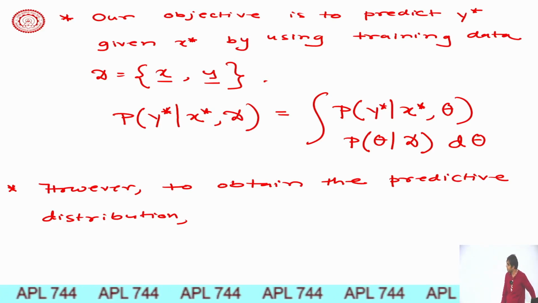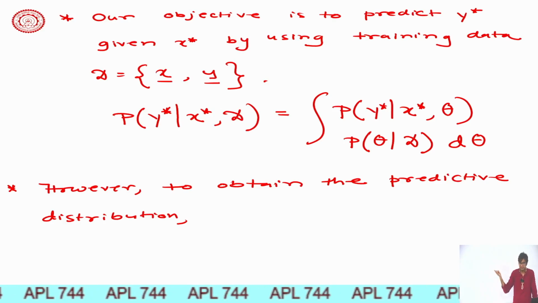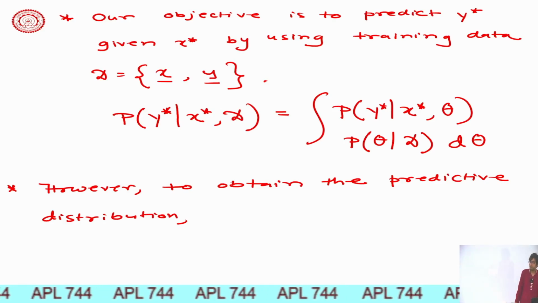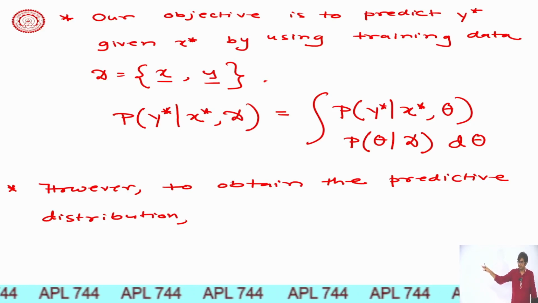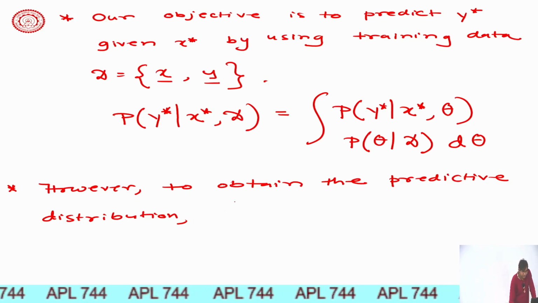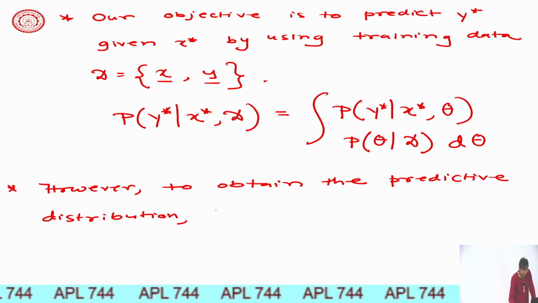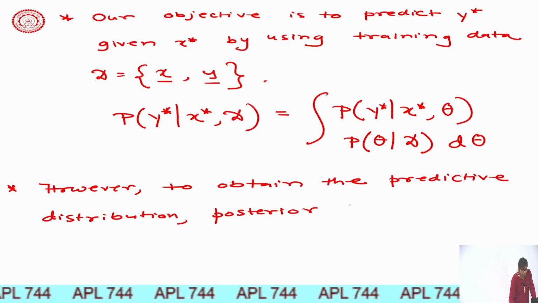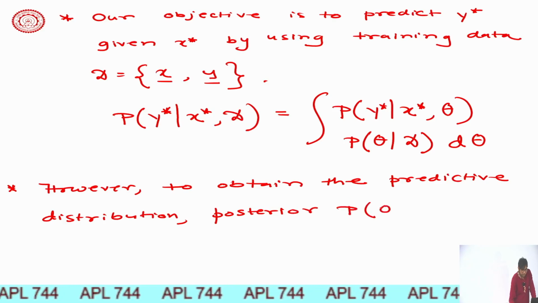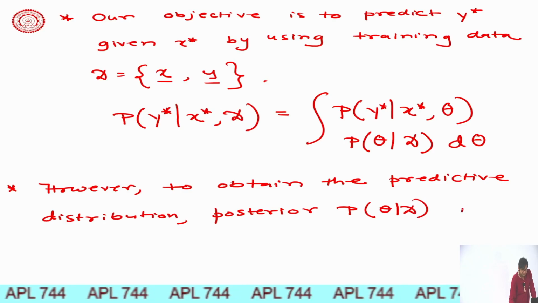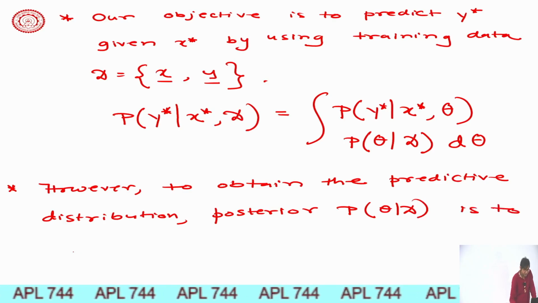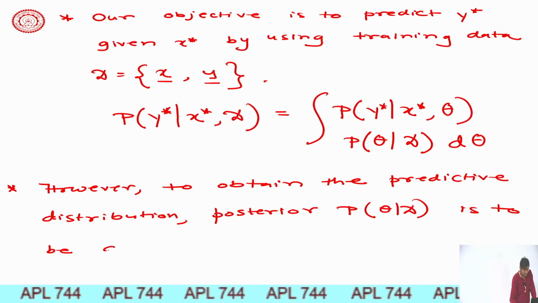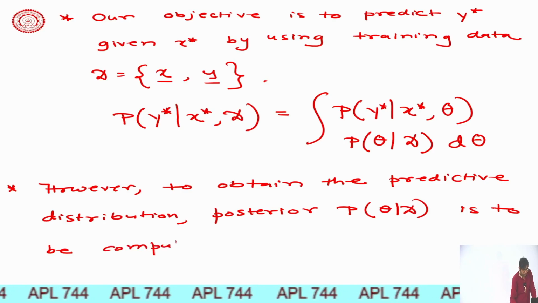The posterior is probability of theta given D. So, we have to compute the posterior if I have to make the predictions. Okay.